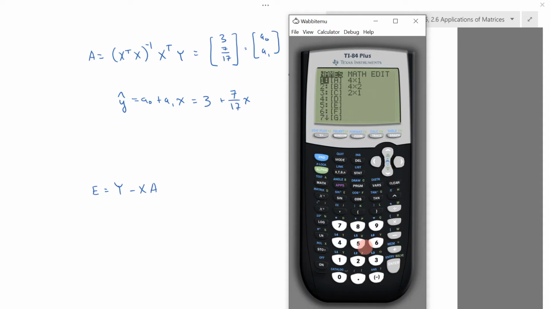So y, which was A, minus X, which was B, times A, which is C.